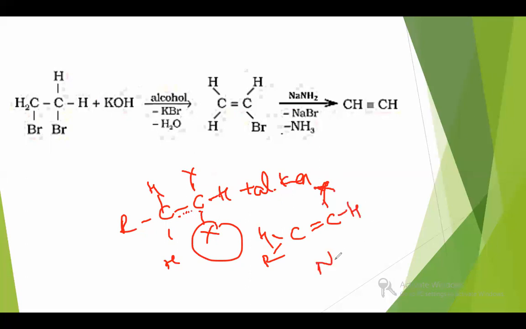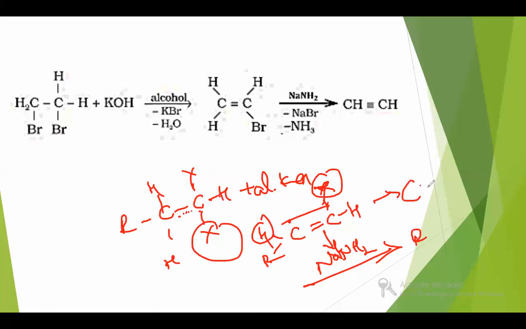Treat this with soda amide, NaNH2. Then this halogen gets eliminated along with this one hydrogen, and this electron and this electron form a triple bond. We'll be getting a carbon-carbon triple bond, alkynyl halide to alkyne.